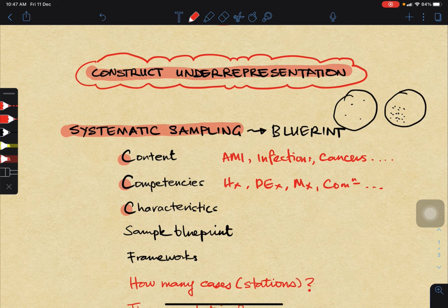Okay, so this is separate. And of course, another C that we often forget is the characteristics, which means the patient characteristics. So we want to make sure that they are able to handle males and females of all age groups, and so on and so forth.